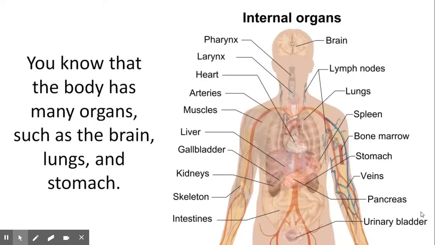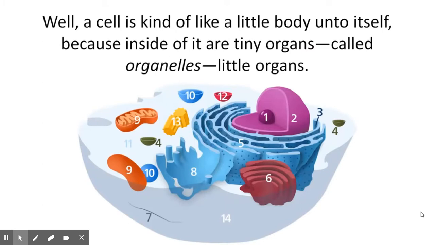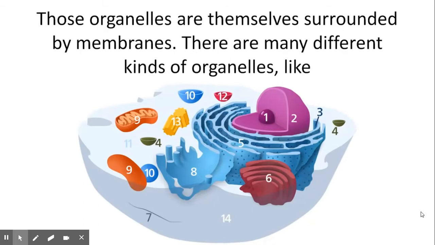You know that the body has many organs such as the brain, lungs, and stomach. Well, a cell is kind of like a little body unto itself because inside of it are tiny organs called organelles, little organs. Those organelles are themselves surrounded by membranes.